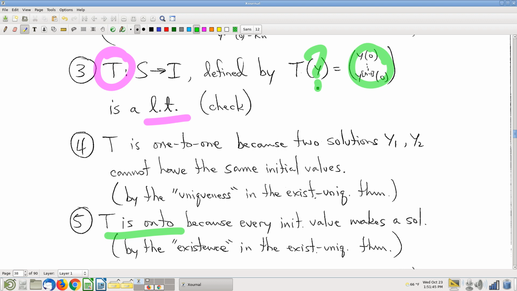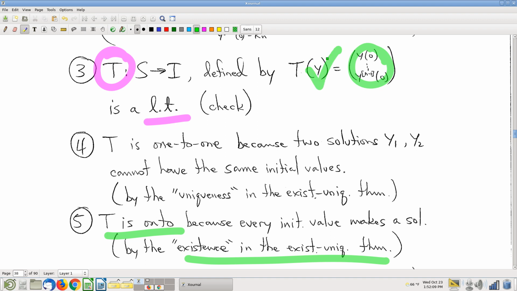I need to know, therefore, that for every set of initial conditions, there is a solution with those initial conditions. And the existence portion of the existence and uniqueness theorem tells us that. The existence portion says that for any initial value problem, there is a solution.